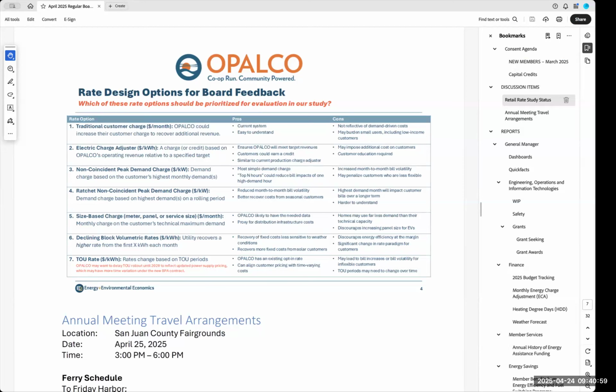And as you say, I don't really follow the details of the rate structure, but I just wanted to make two comments as a member. One, I am very, very concerned that Opalco does not seem to me to be pushing the conservation and use reduction angle very much.